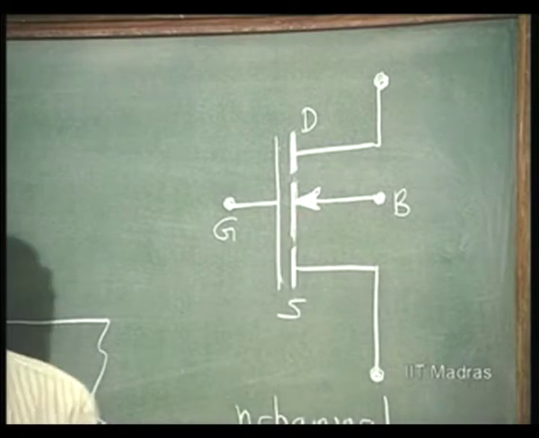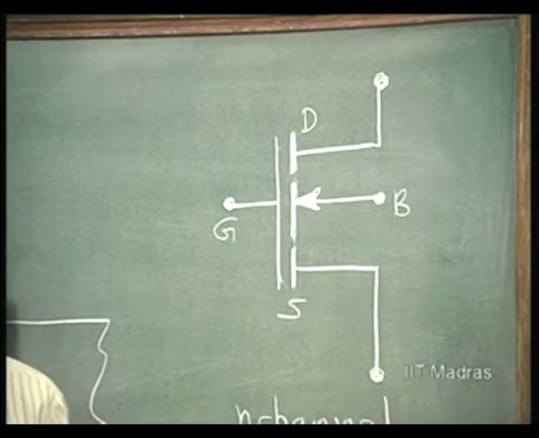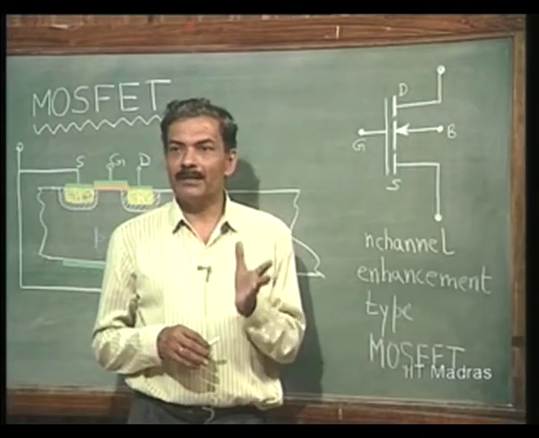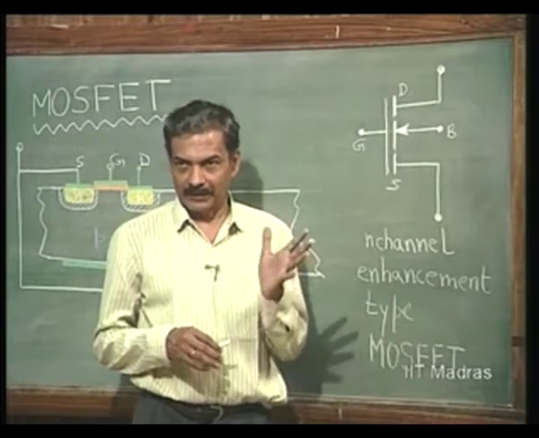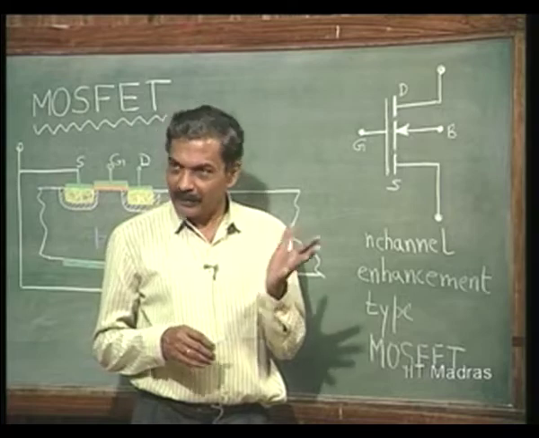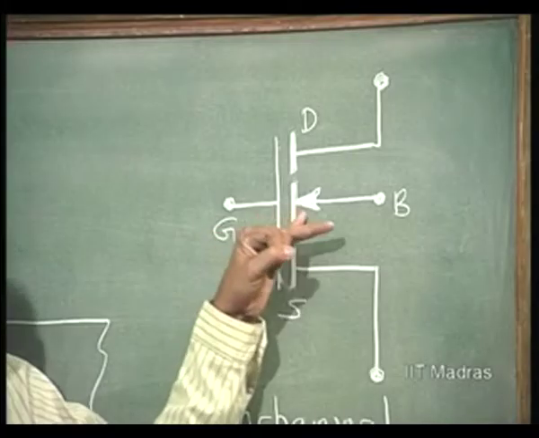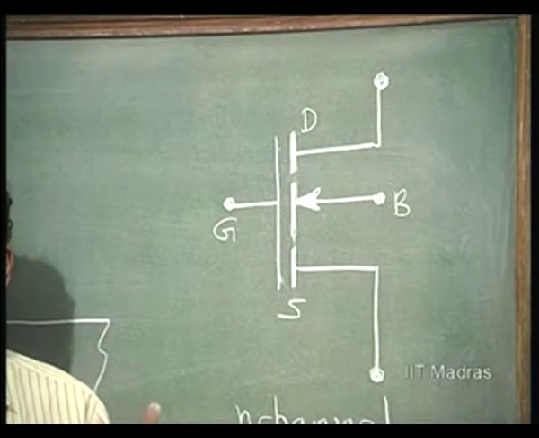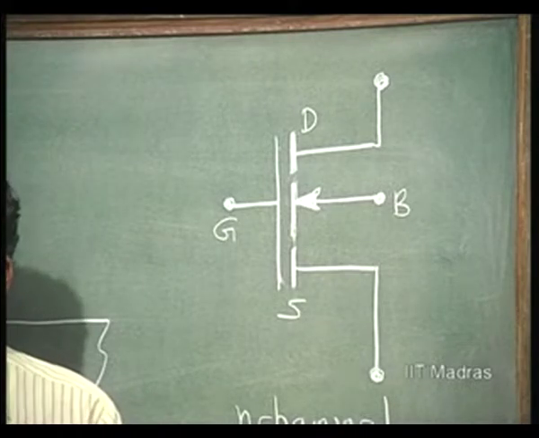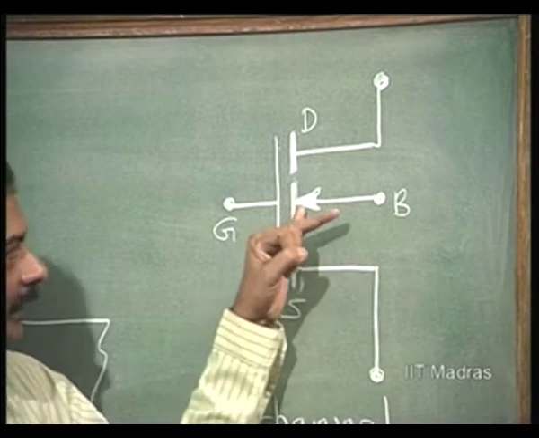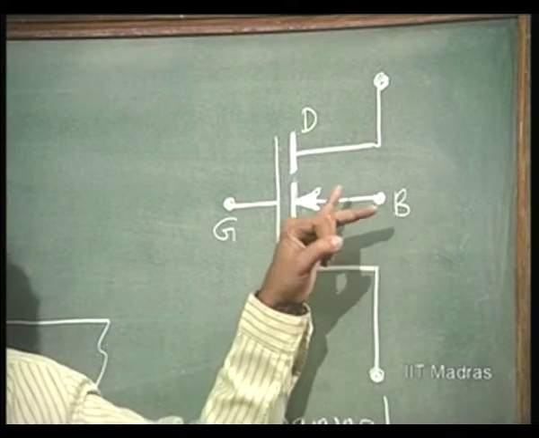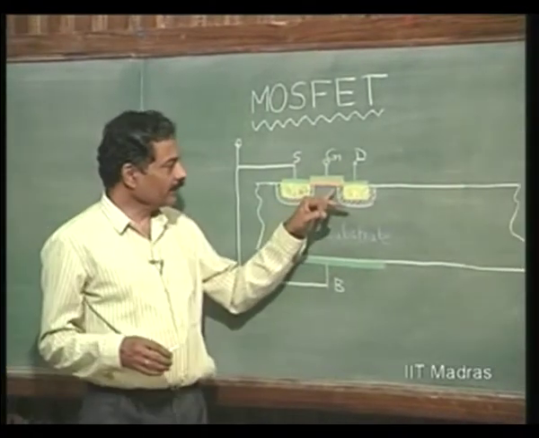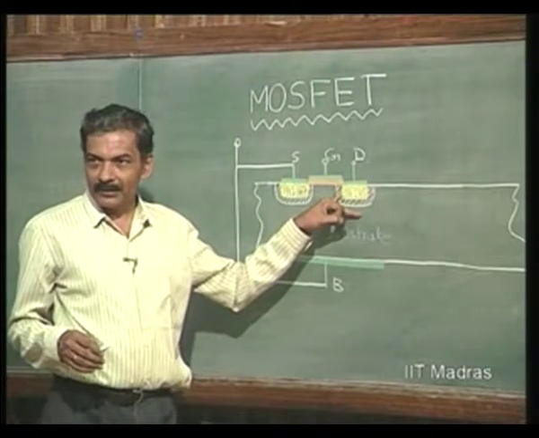Now, as far as this arrow is concerned, let us also understand why this arrow has come about. This arrow, as I told you, in any symbol in electronics indicates always the actual direction of flow of current, but current need not flow. This is the actual direction of flow of current when that particular junction near that is forward biased, but the junction normally may not be forward biased at all. In this case, let us say this is the bulk or the body or the substrate. So, look at the substrate, it is P, and when this is going to form a channel, it will become N. Okay.